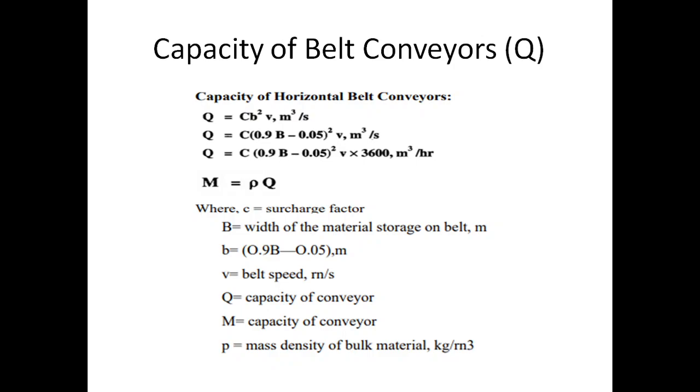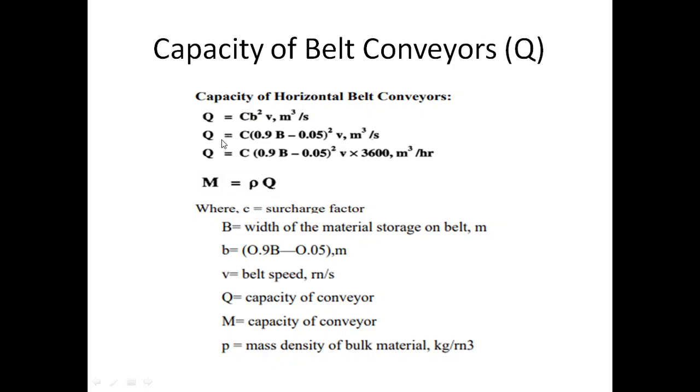Then how to calculate the mass capacity of the horizontal belt conveyor? M, given for the mass capacity, is equal to rho into Q. We know rho is the density. What is the unit of rho? Kg per meter cube.